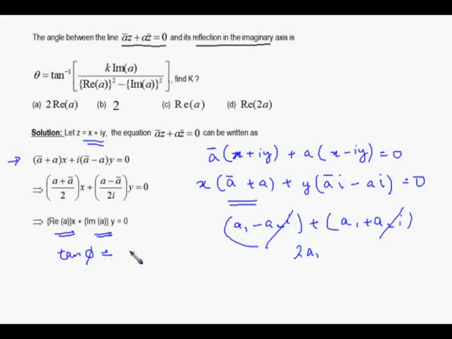The tan phi, that is the slope, will be minus the real part of A upon the imaginary part of A. If I take the x to the other side and divide by the imaginary part of A, I get an equation of the form y equals mx, where m is the slope. So the inclination of this line with the x-axis is given by minus the real part of A upon the imaginary part of A.